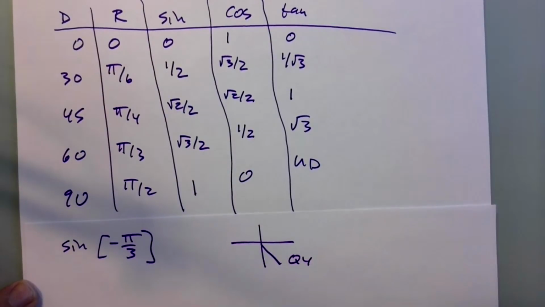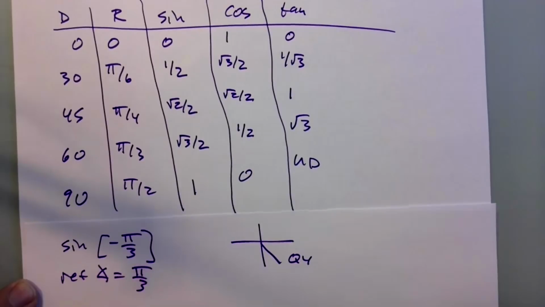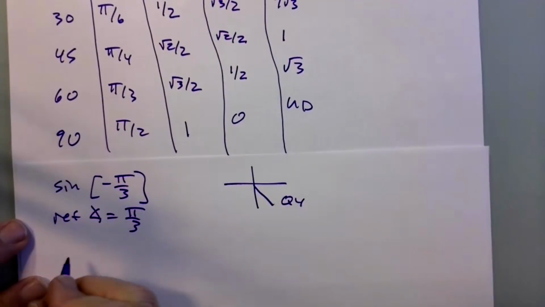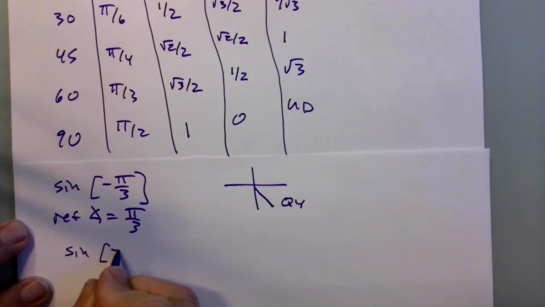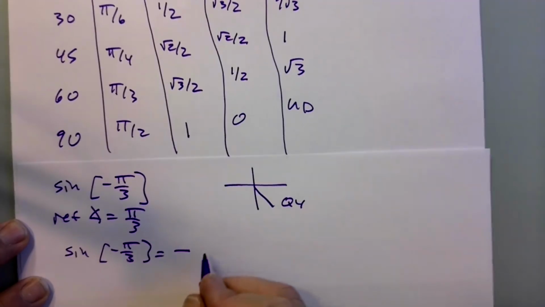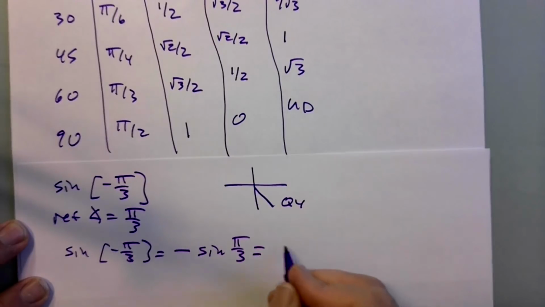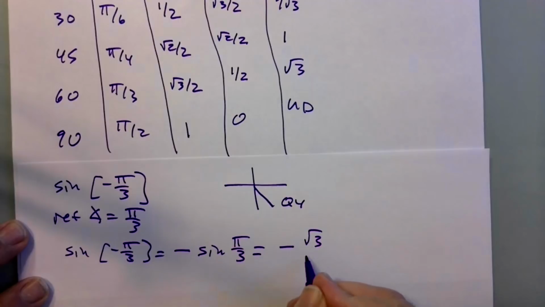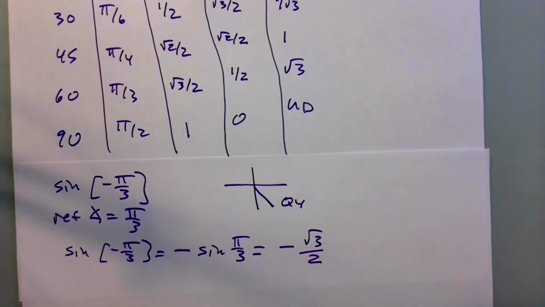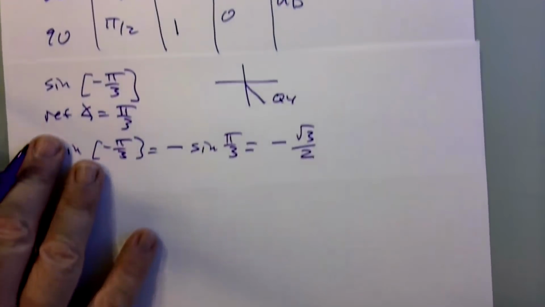In quadrant 4, sine is negative, but the reference angle is pi over 3. So sine of negative pi over 3 is negative, because that's in quadrant 4, negative sine of pi over 3, which of course is negative square root of 3 over 2.